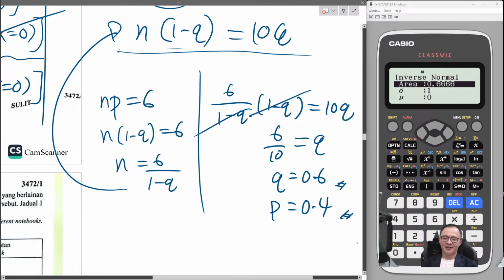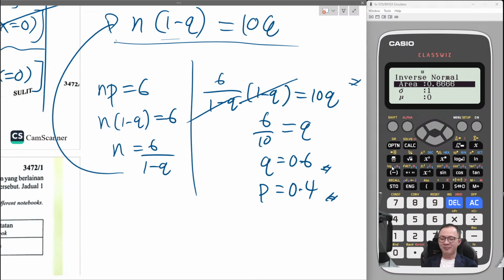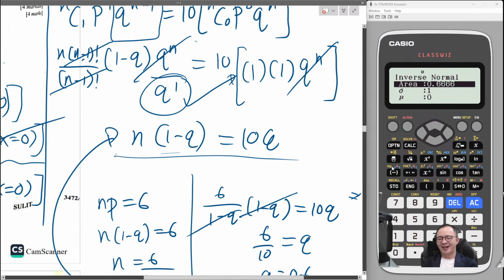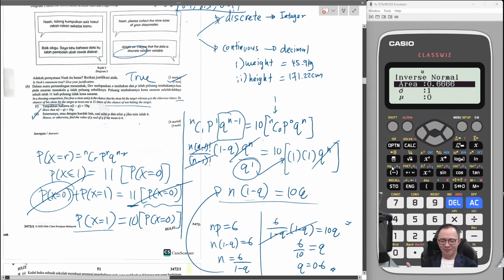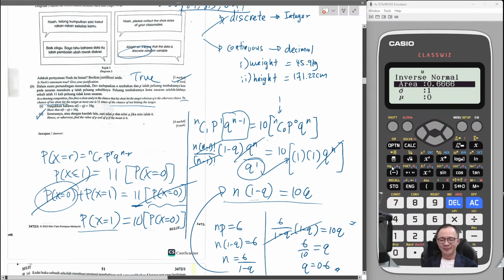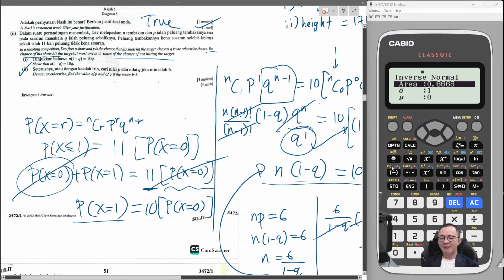Okay, so for 2 marks, I believe p is 1 mark, q is 1 mark. But this 2 marks is a lot easier than the proving 2 marks just now, right? You can see in this proving 2 marks, I literally write so much to get 2 marks. But it's okay. Overall 4 marks, not that bad. But I would say it's a bit tricky. First thing, I'm not sure how many students can understand the second sentence.